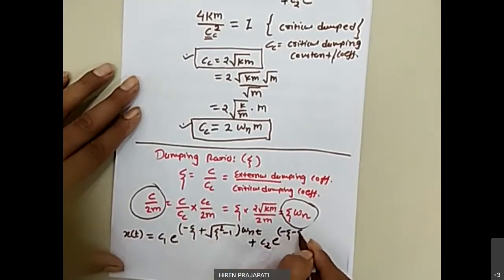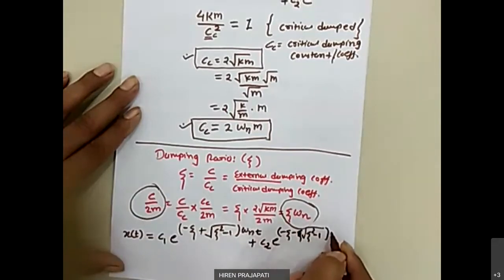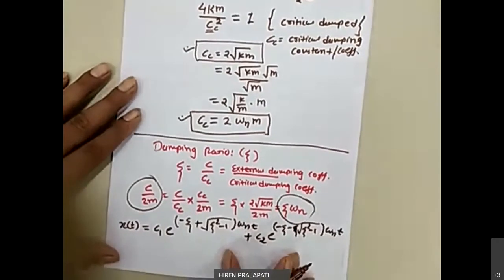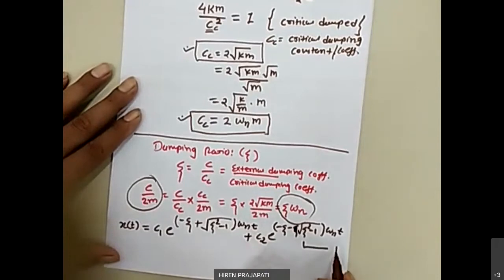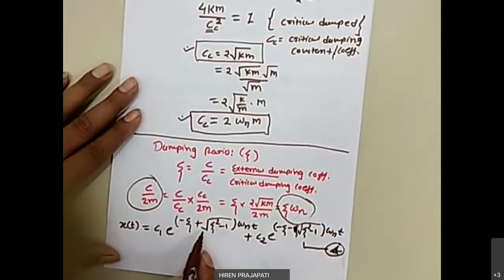So minus zeta minus square root zeta square minus 1 omega n t. So now we say this is our final equation of motion, star, where we have written the entire equation in terms of damping ratio and natural frequency, right?